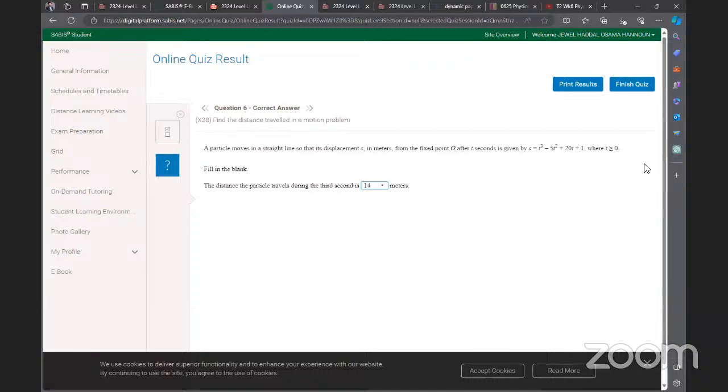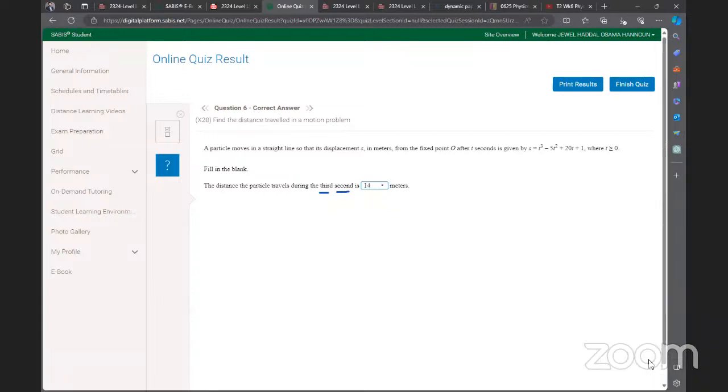Yeah, really, thank you, but the 3rd second, it means, no, this is a displacement equation. So when you replace t by a number, it will tell you at t equal 3 seconds. This is the distance that was traveled.